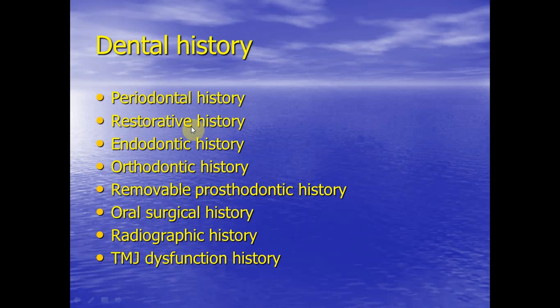Then restorative history is the history of which dentures were made before and the result of this treatment. Let me remind you of an example. If one says that he's got 3 removable dentures done already and has never worn any of them, then you will not possibly think about making a 4th one, but you will talk about dental implants for making a fixed denture.